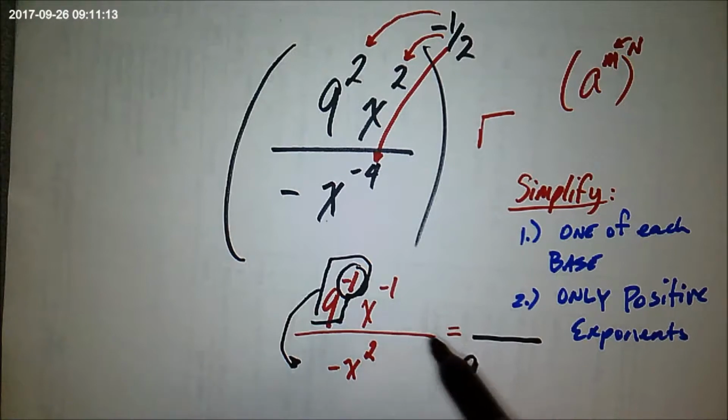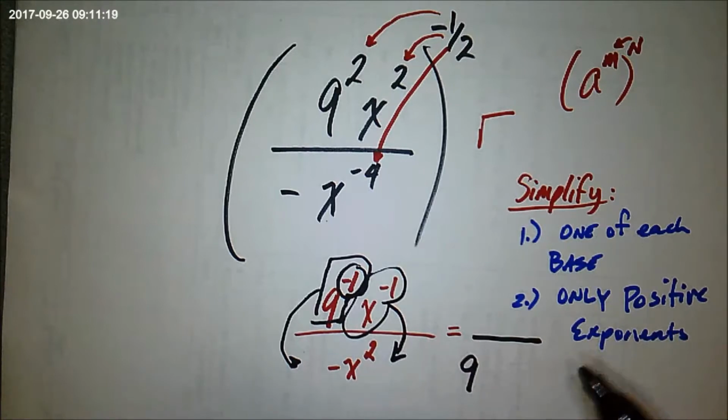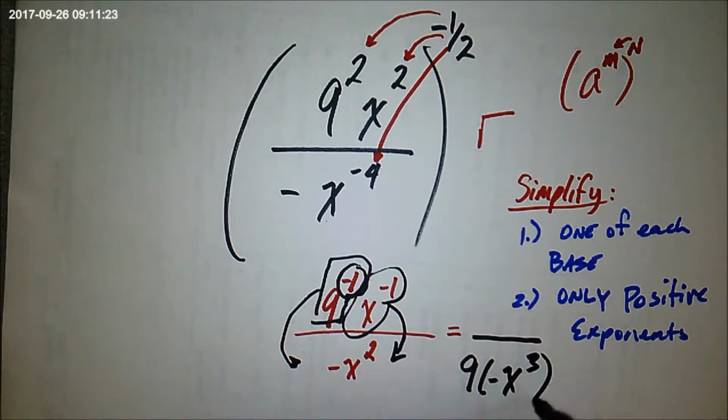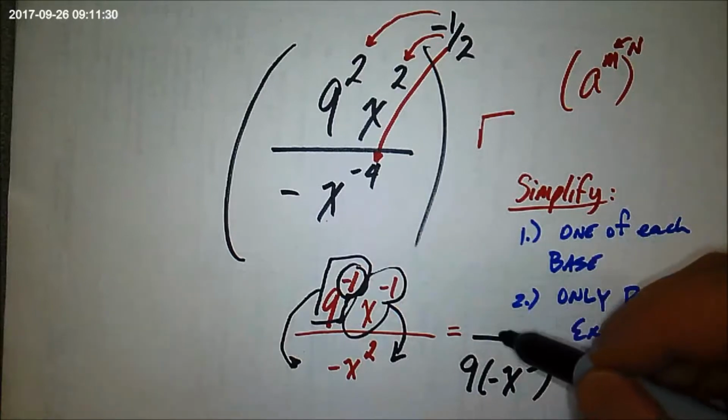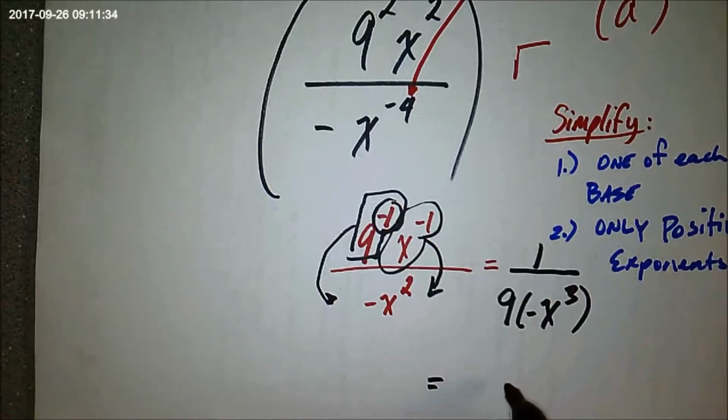I have x squared and x to the negative 1. This right here is going to go to the bottom, but there's already one down there. So it's going to be times negative x cubed. And then just a 1 on the top.